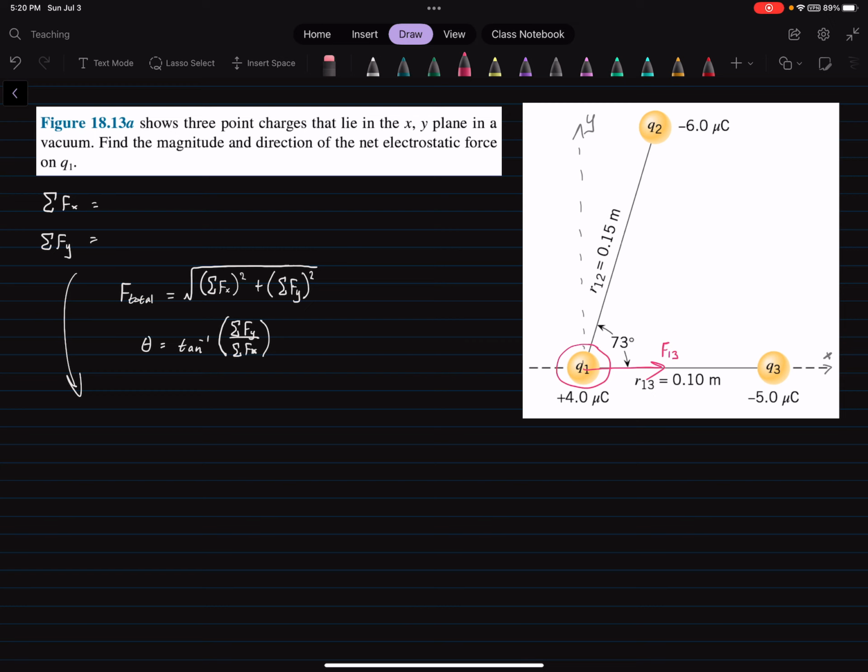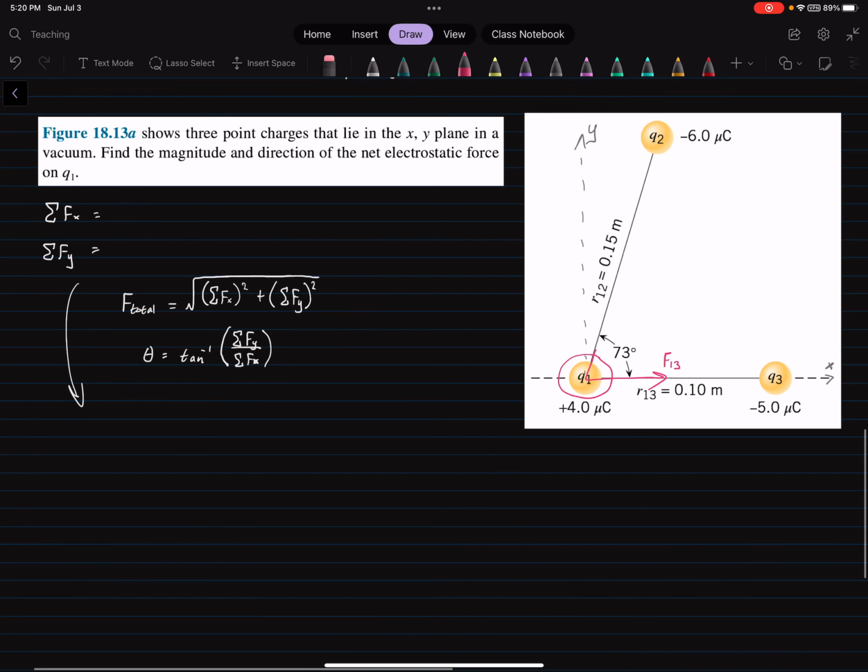This other one, it's also going to be attractive, right? So this is F12, but it does not lie in the x direction or the y direction alone. It has components in each of those.